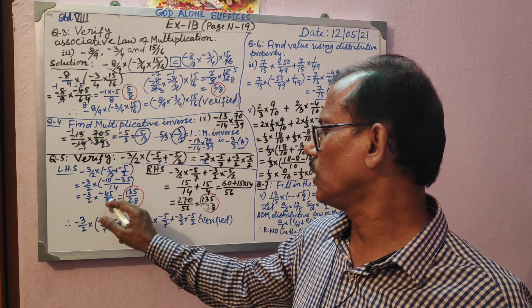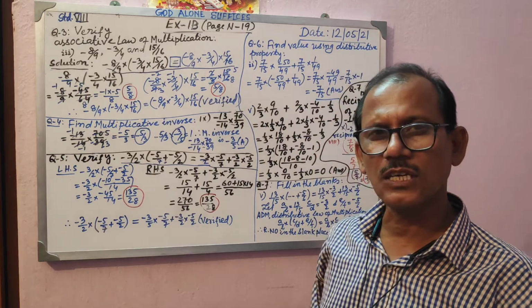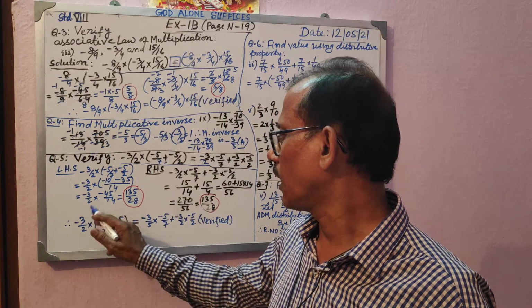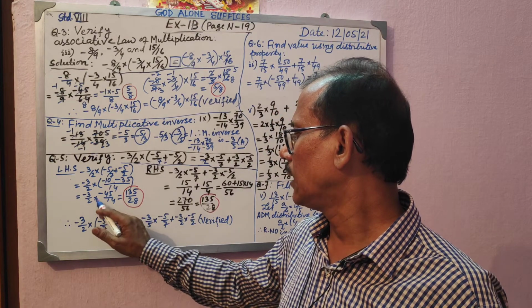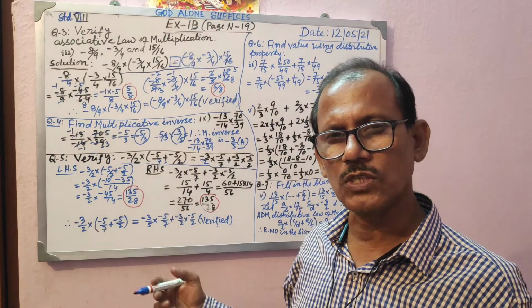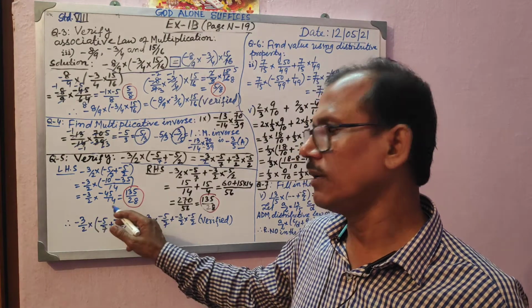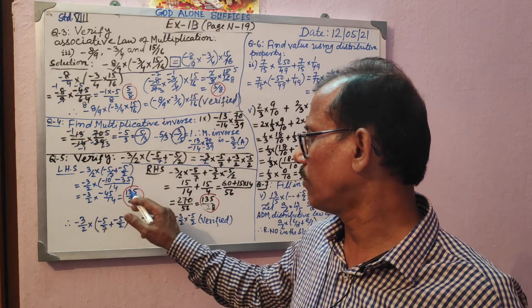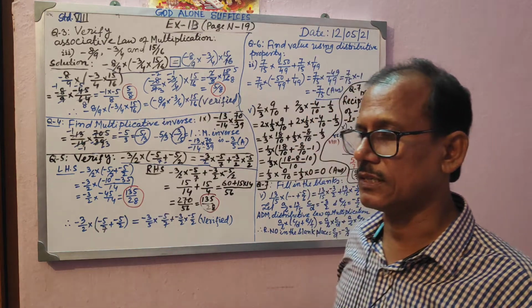So minus 3 by 2 into minus 45 by 14. It will not be made into simplest form because nothing is cancelling. Minus minus will become plus, so 135 by 28. That is the left hand side value.